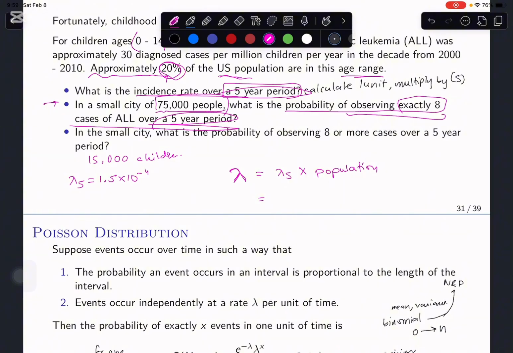So 1.5 times 10 to the minus 4 times 15,000, which is 15,000 for this disease, gives you 2.25. So lambda is equal to 2.25.